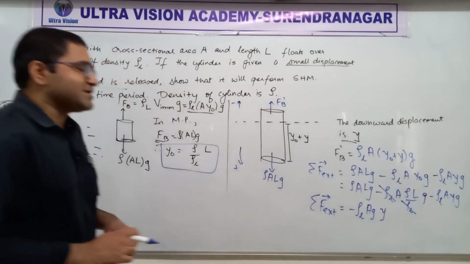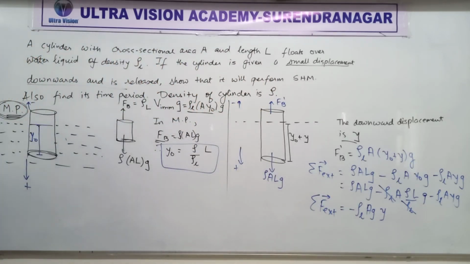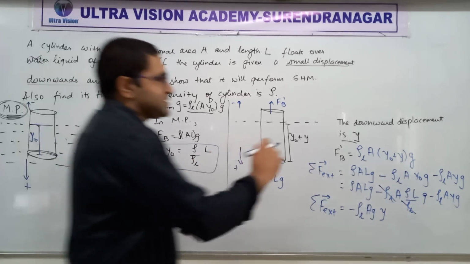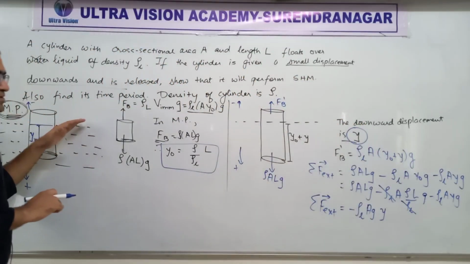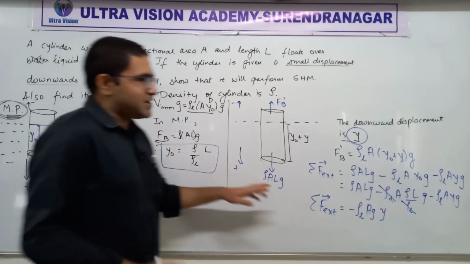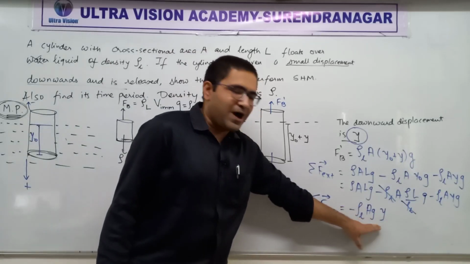Do we get it like the equation of SHM? Yes or no? Is the total external force proportional to the displacement? Y is the displacement from mean position, right? So is the total external force proportional to y?